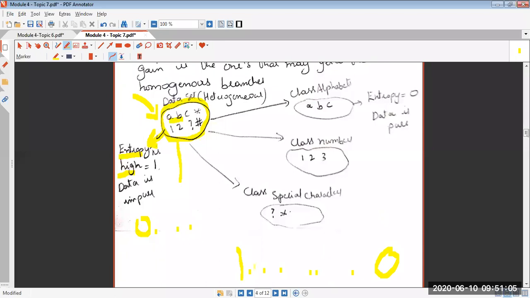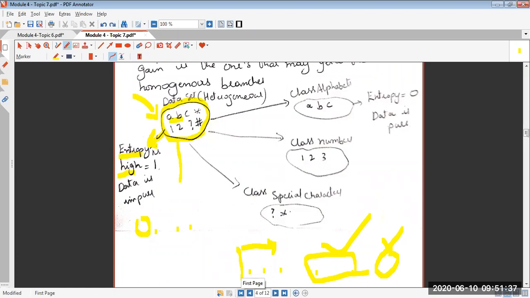It is not like you should always take it to 0, it may be difficult. At least try to reduce it. Value 1 is not acceptable. Maybe a value of 0.4, 0.3, 0.2 will be acceptable. 0 will be very happy, but not 1 or 0.80 or 0.95. So this is what you need to do in the problems.